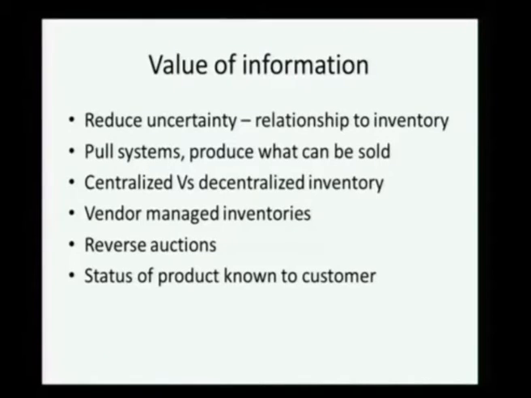Therefore, it is necessary to capture the actual demand and not the estimate of the demand. So information systems help us in getting actual demand and help in implementing pull systems and sell what has been produced. Information also helps in centralized versus decentralized inventory.